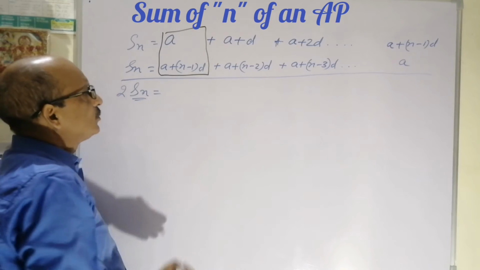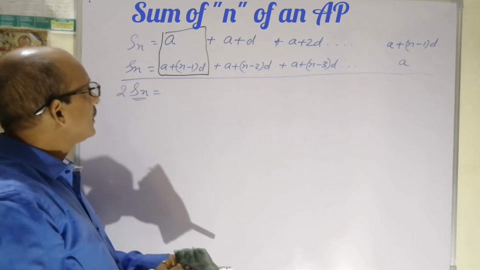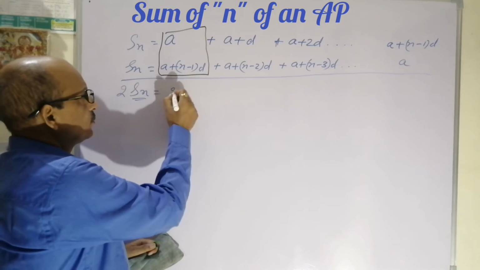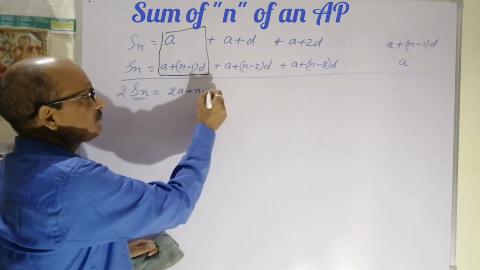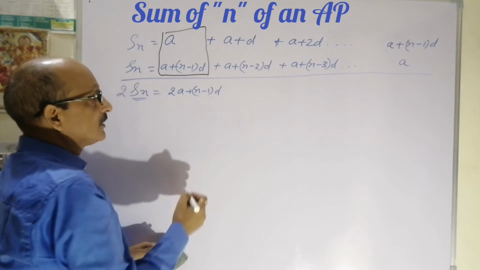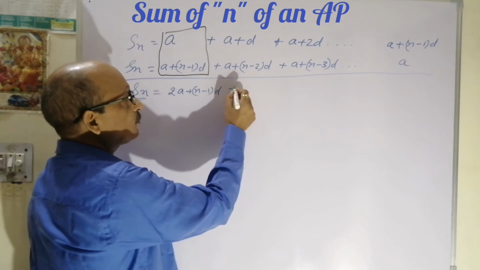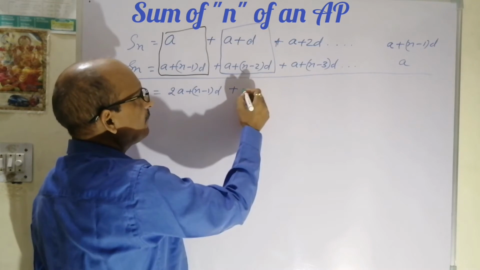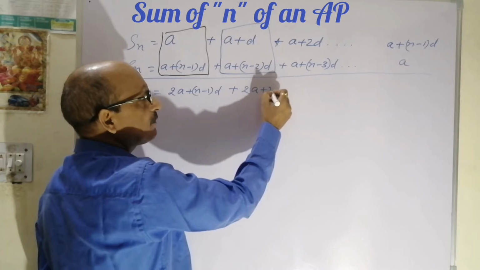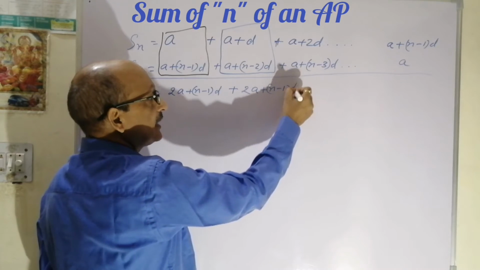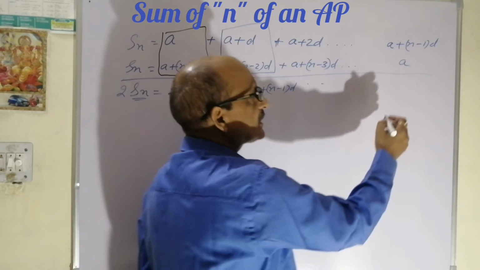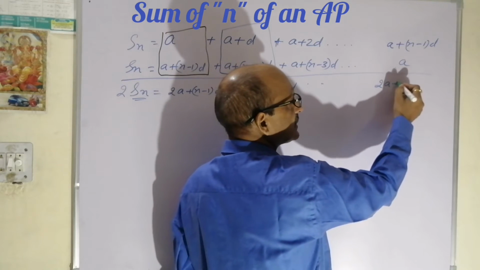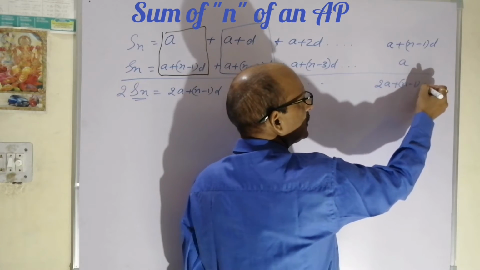What will we have? 2a plus n minus 1 into D. In the same way, if we add these two second last terms together, we again have 2a plus n minus 1 into D. In this way, when we add all these terms, we'll get 2a plus n minus 1 into D.